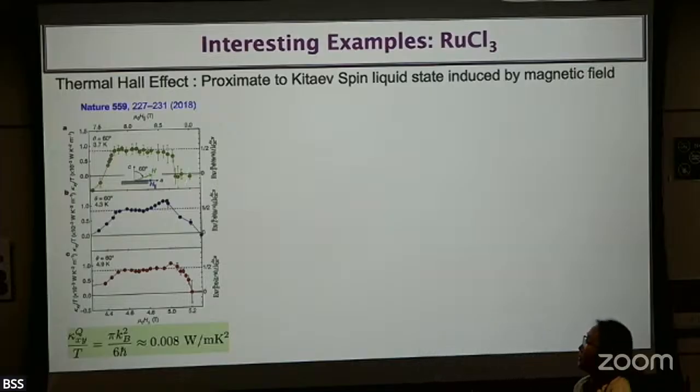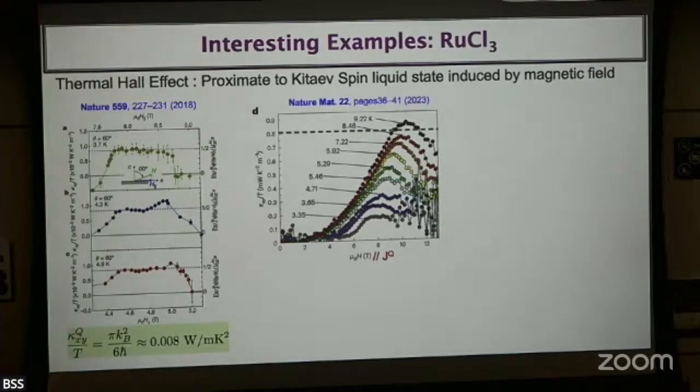Because of this work, it inspired so many thermal Hall conductivity measurements. And now you also know this is another one, which shows it as a function of field. Now the field is parallel to the thermal Hall current, so this is called the planar thermal Hall effect. It's not the Lorentz force geometry, but when the heat current and field are in the same direction, you still get this phenomenon.